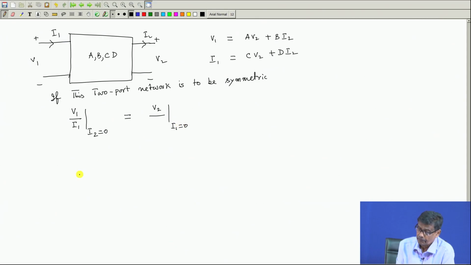But what should I write here? That is what I am telling. I must write minus I2. The driving point admittance is this. This you must understand very clearly.